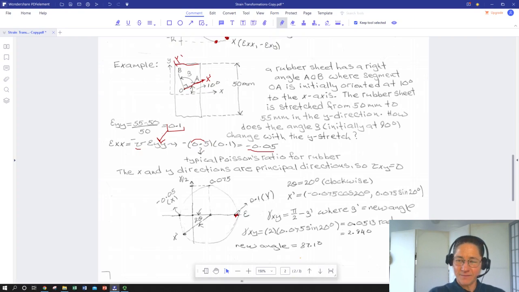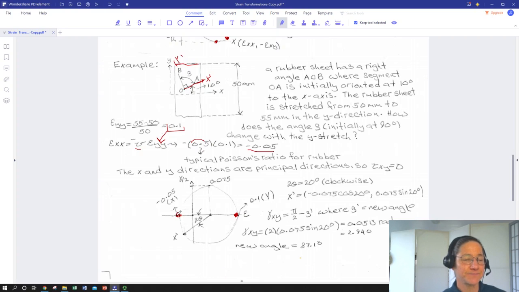We're not rotating it, we're not twisting it and stretching it in the Y direction. So Y is the principal direction, so we can plot it right there on the Mohr circle, and so is X. X is going to have only normal strain, compressive in this case due to the Poisson's effect, but no shear. So it's our second principal strain.